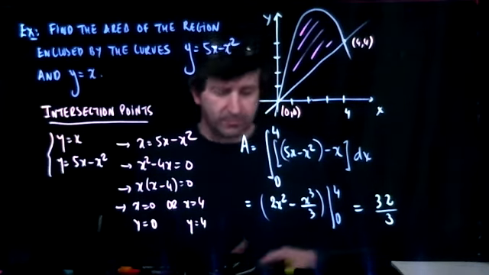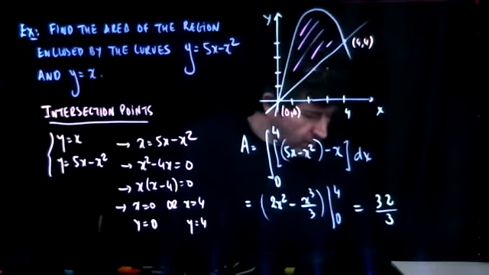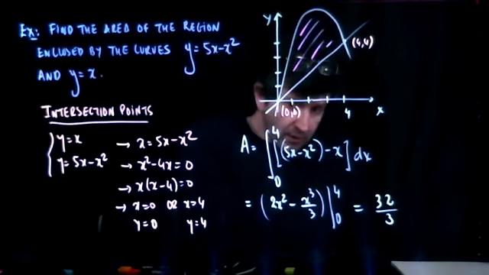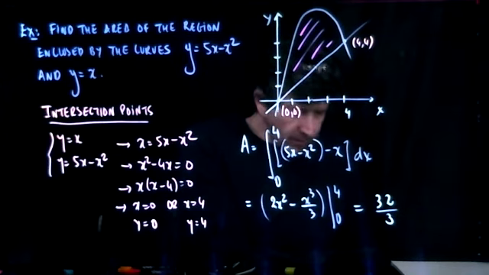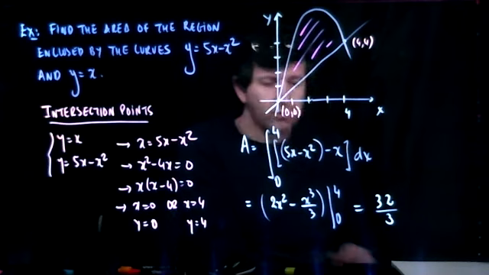Here's my calculator. Yeah, 32 over 3 is right.